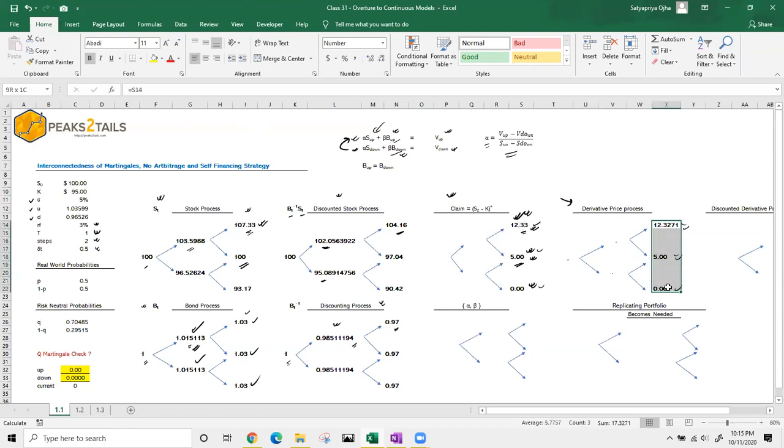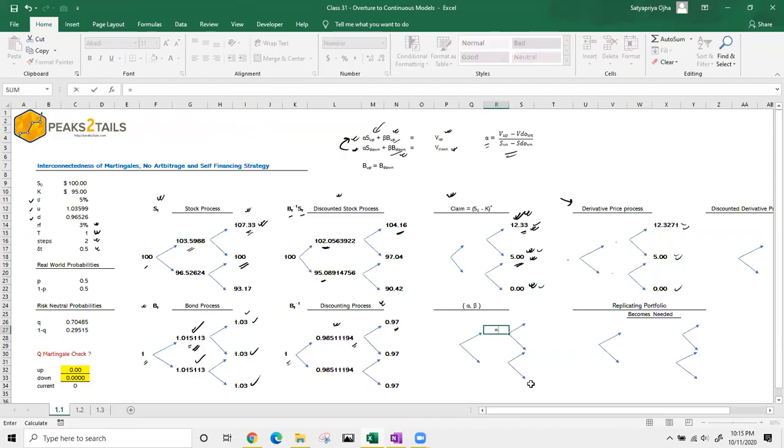So these are the derivative prices at expiry. I will choose alpha and beta in such a way. So my alpha would be, this is stock, my alpha would be V up minus V down divided by S up minus S down. Alpha is 1. What is beta? Beta you can calculate from one of these equations.